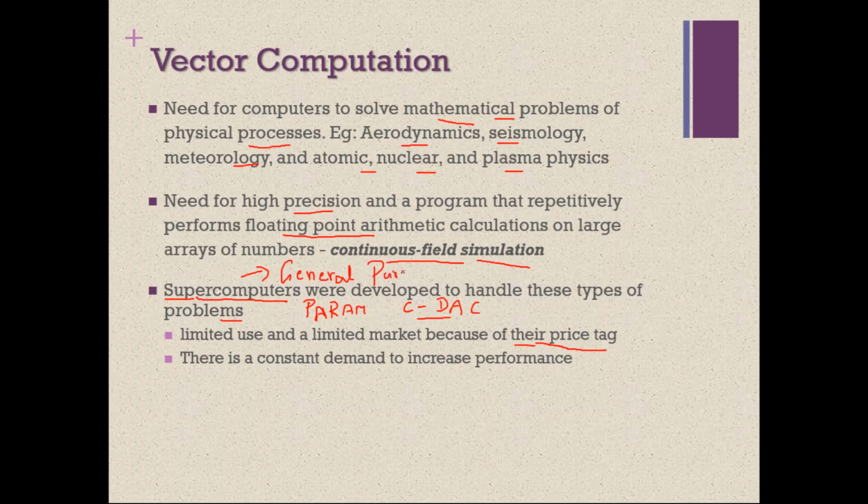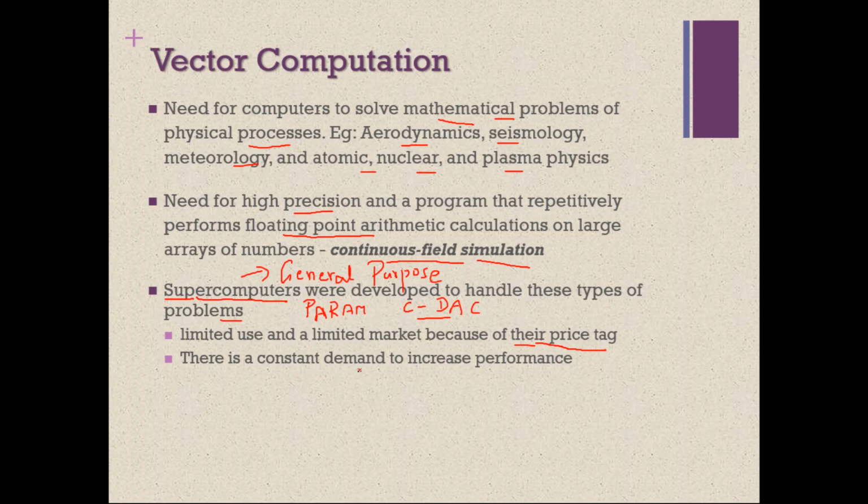They have many processors and can also perform high precision calculations. But the problem is its cost, and these are not custom designed for vector computation. They are general purpose processors.